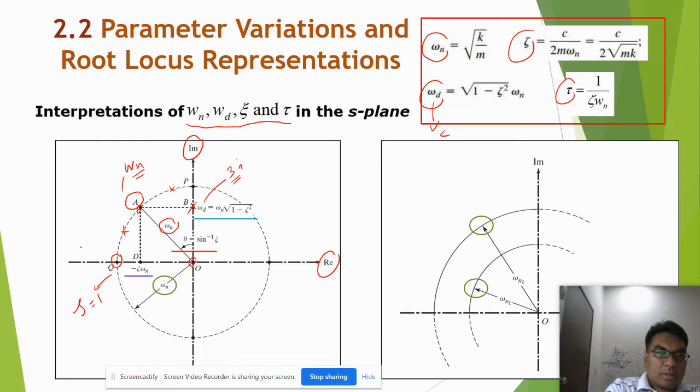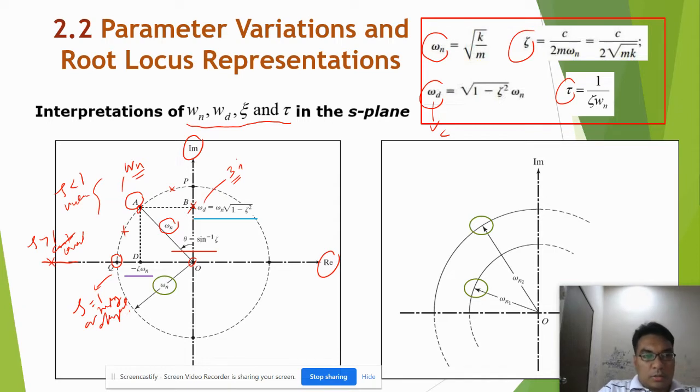At this line, the damping ratio is more than 1, and at this area the damping ratio is below 1. This is underdamped. This is overdamped, and this is the critically damped.